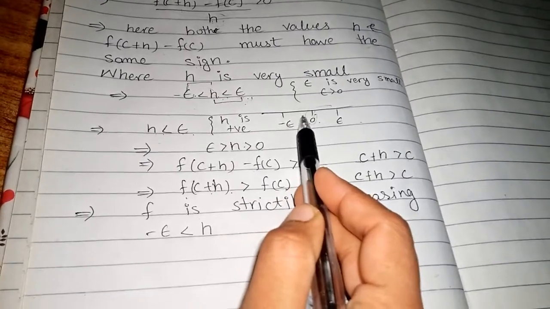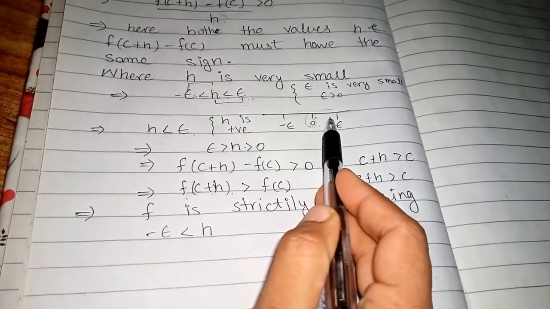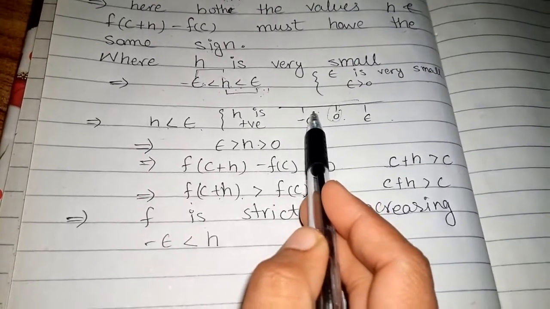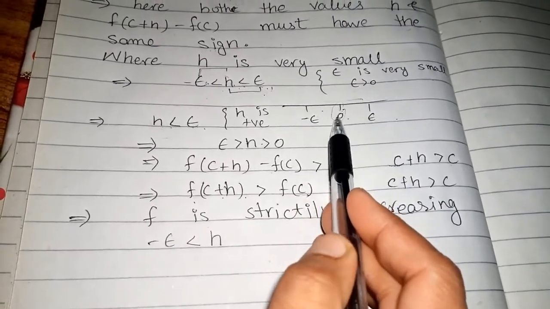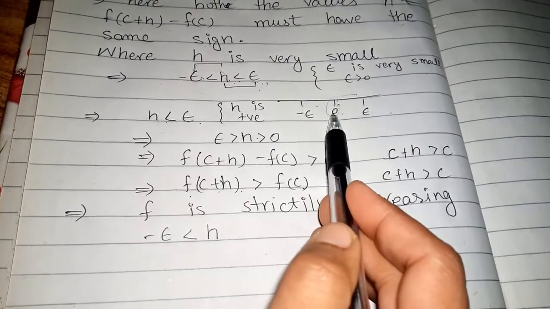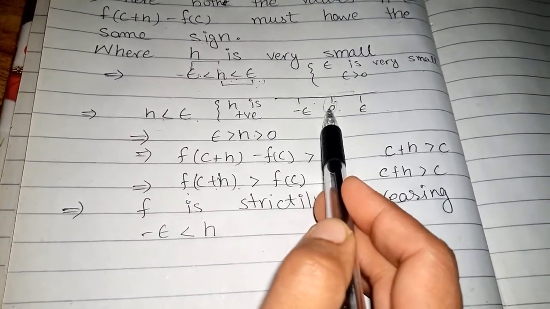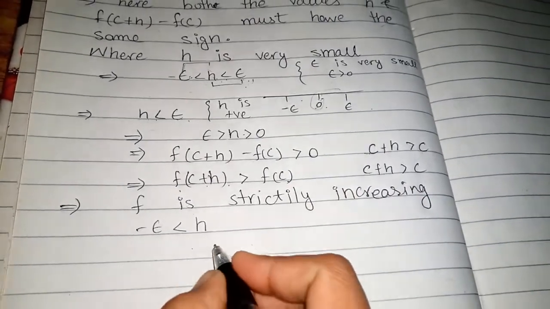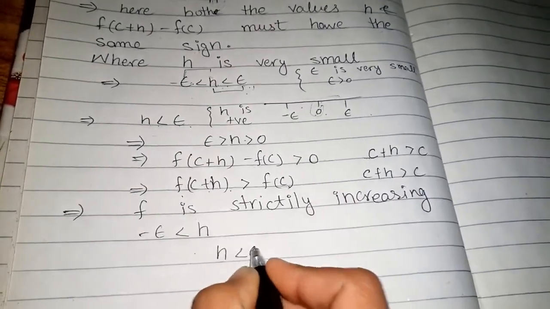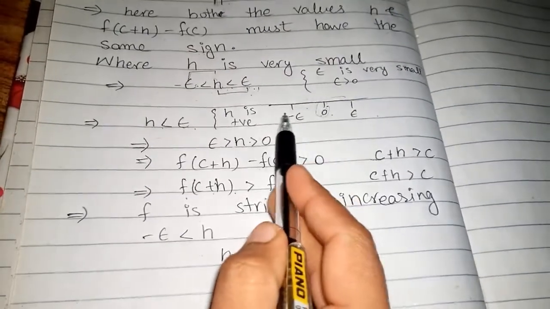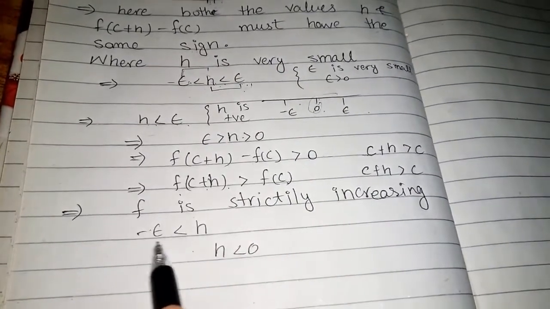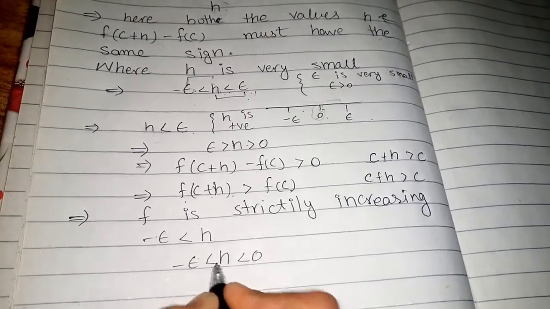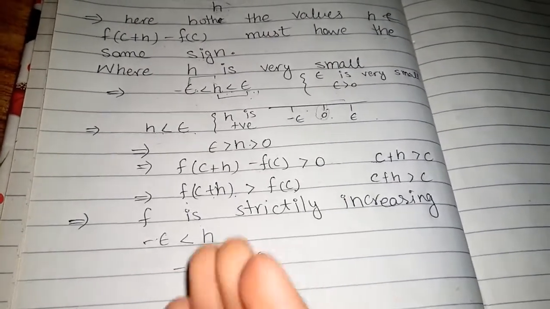Now h is negative, but we also say that h is not 0, so we take h less than 0 because h is negative, and from here minus epsilon is less than h. Now h is negative.